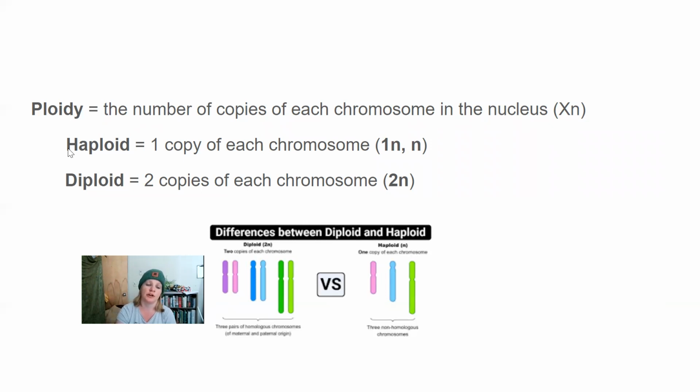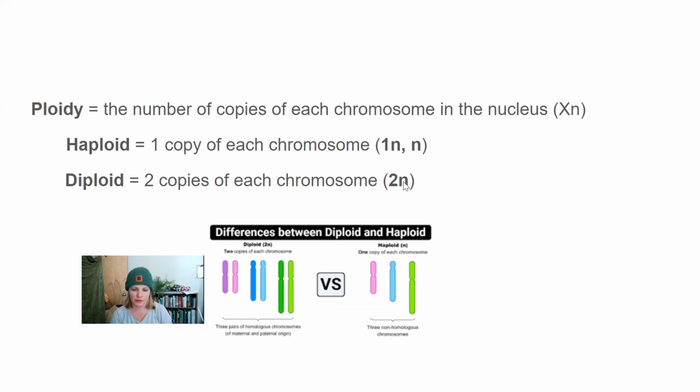So if we are talking about a haploid critter, like fungi usually are, they have one copy of each chromosome. We can either write that as 1N, or if we're feeling lazy, we can just write it as N. It means the same thing. Us multicellular animals, we tend to be diploid, where we have 2 copies of each chromosome. So we're going to write that as 2N.